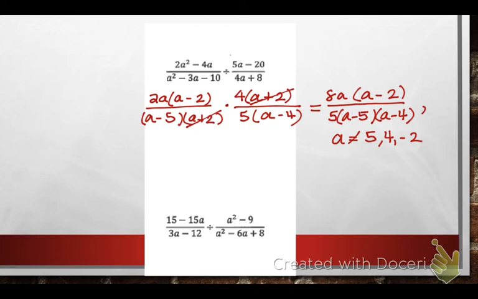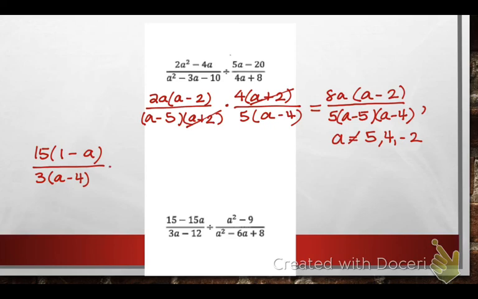So again, we want to go back to all of the denominators that we see in that first problem. All right, I'm going to work this one up here where I have a little bit more room. So the first one, we're going to factor out a GCF of 15. So then we're left with 1 minus a, because we factored out the 15. The denominator has a GCF of 3, which leaves us with a minus 4.